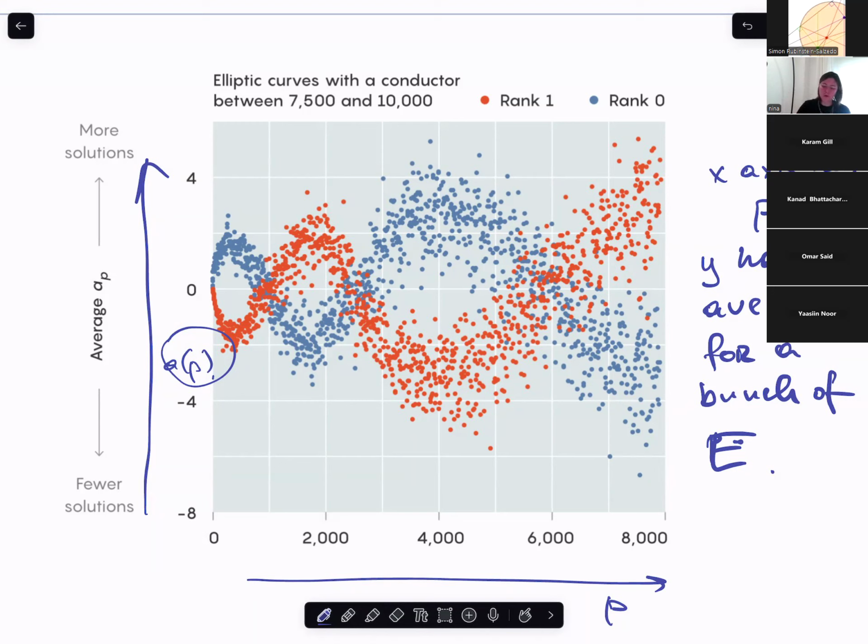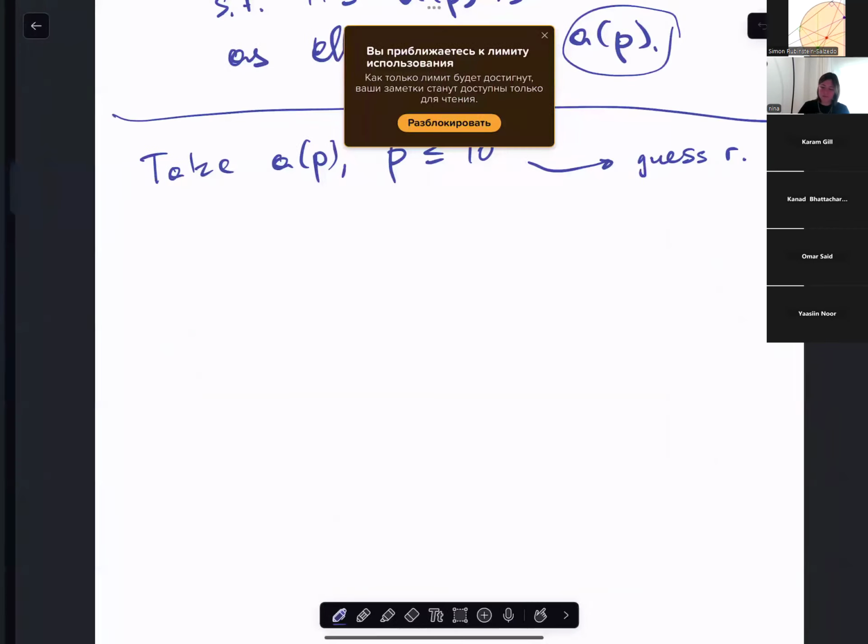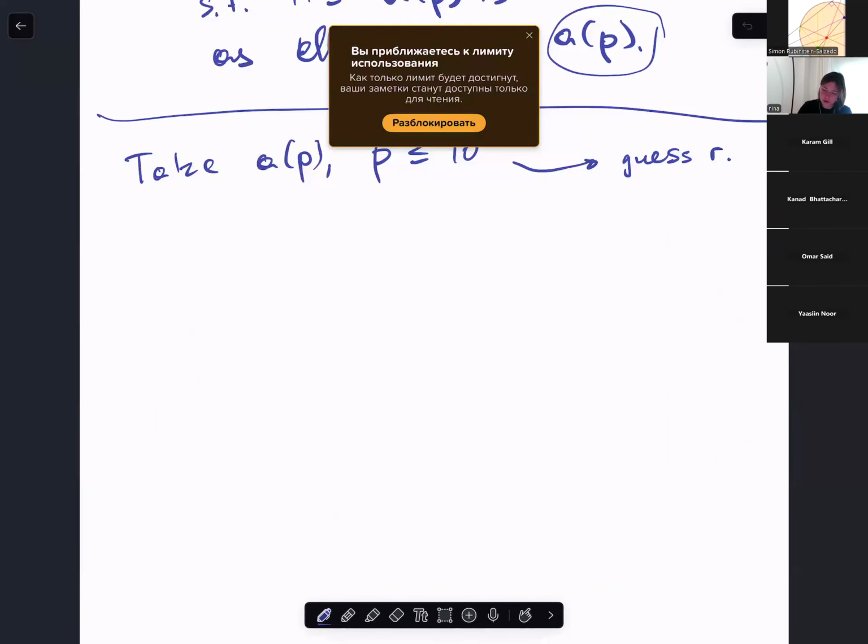The reason we're looking at rank 1 and rank 0, by the way, is that most elliptic curves are predicted, though it is still conjectural, to have rank either 1 or rank 0. So this shouldn't be too different from looking at all curves. They saw this, and they were naturally mystified by what's going on.